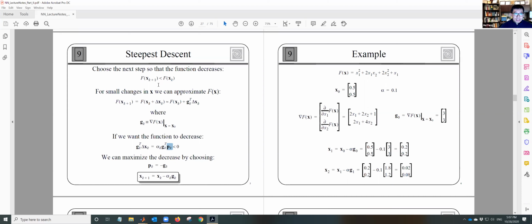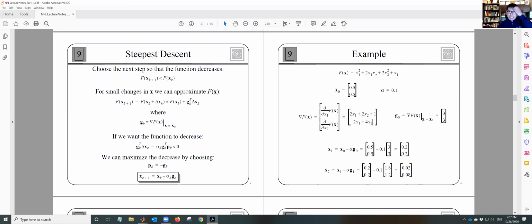This slide tells us why we want to go along the negative gradient direction. So xk minus alpha k gk equals xk plus 1. The new location equals the previous location minus the learning rate times the gradient. So the minus means you go along the negative gradient direction.